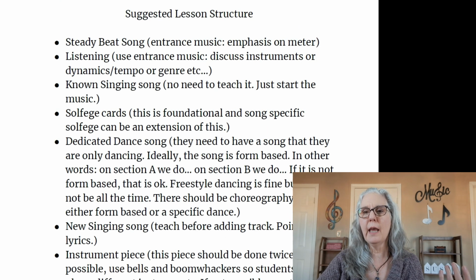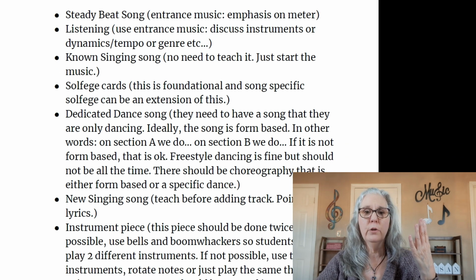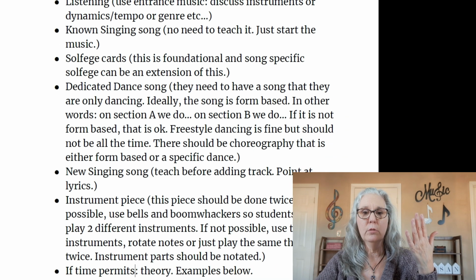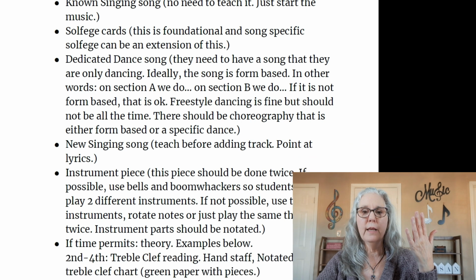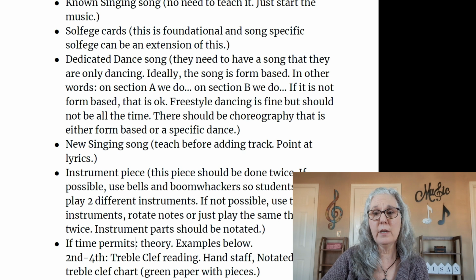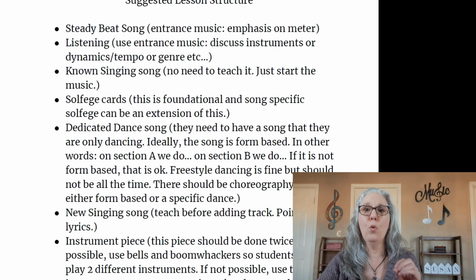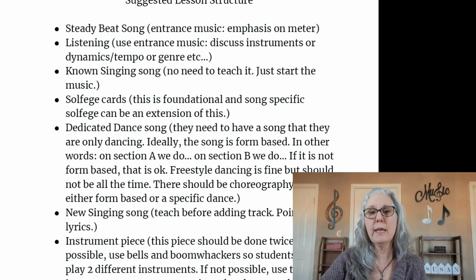So if you look again at this whole structure, it is steady beat, listening, known singing song, solfege card or rhythms, whichever, dance song, new singing song, that's 6, and an instrument piece, that's 7. So there's 7 activities. And they are each definitively their own songs that are being used for each thing. In other words, I'm not taking the known singing song and playing that on the instrument piece.